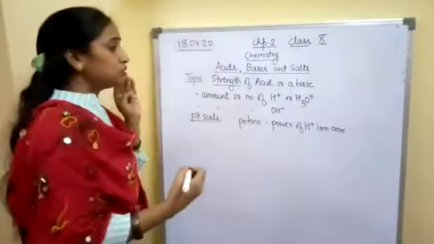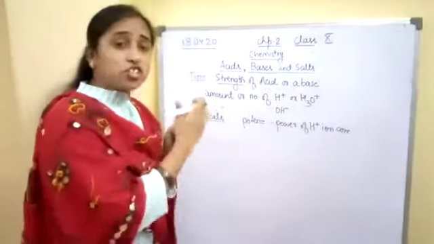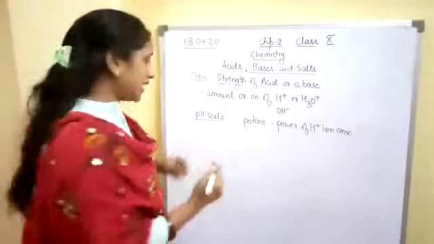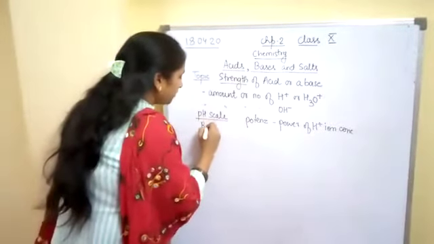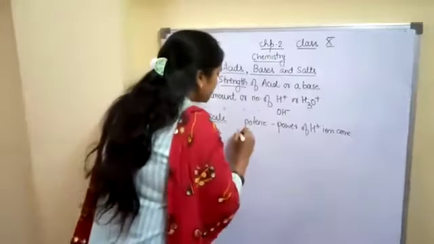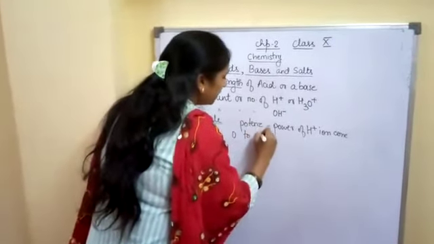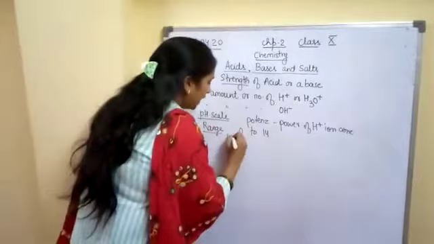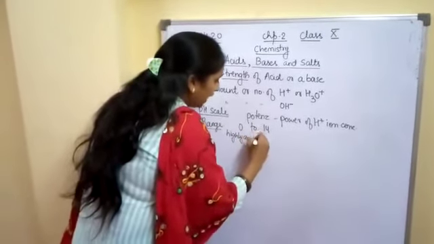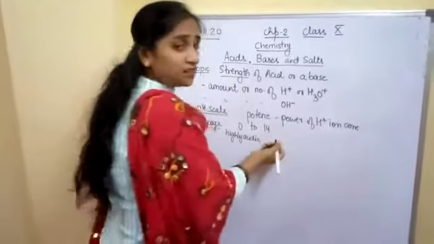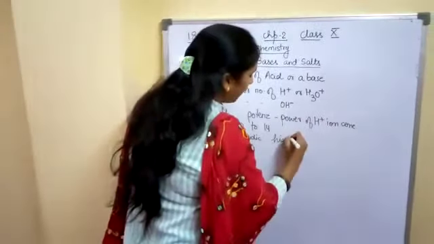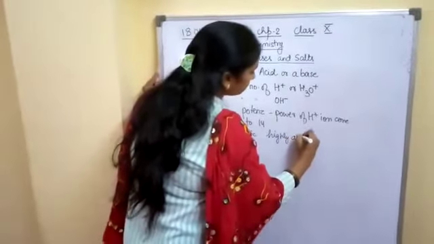Okay students, now we should know the range of the pH scale. The value of pH lies between 0 and 14. 0 is highly acidic, and 14 on the pH scale is highly alkaline or highly basic.